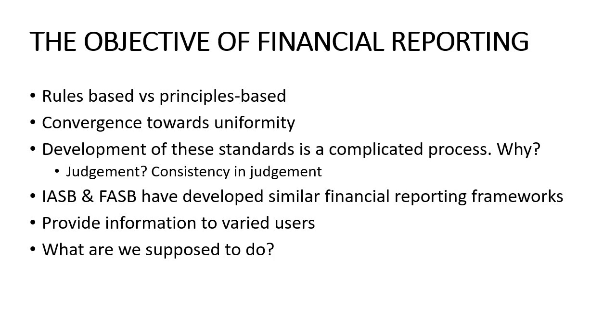Companies reporting their earnings in financial statements at times have to make estimates. Sometimes they have to apply judgment. So having some consistency in applying this judgment is what the International Accounting Standards Board is aiming for. Both IASB and FASB have developed similar financial reporting frameworks, so that there is a lot of uniformity across the globe.